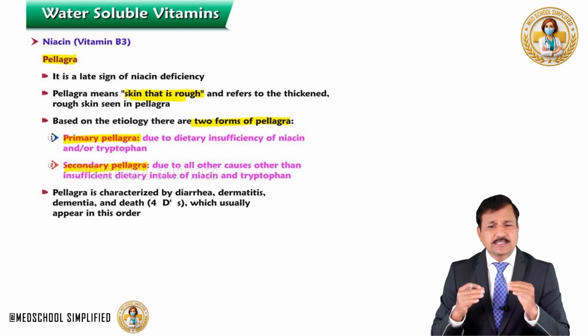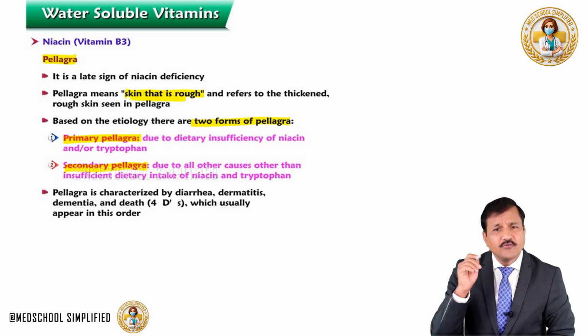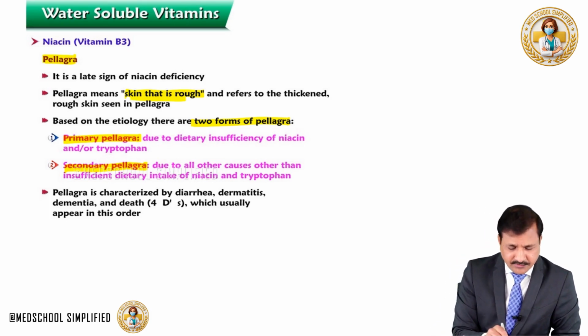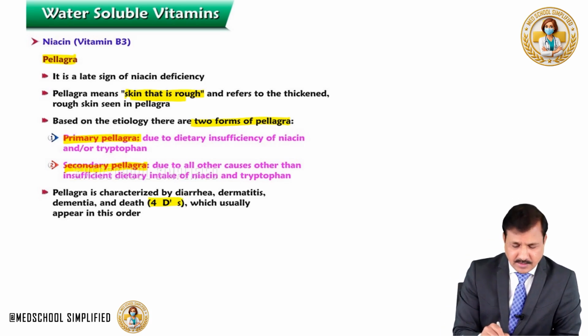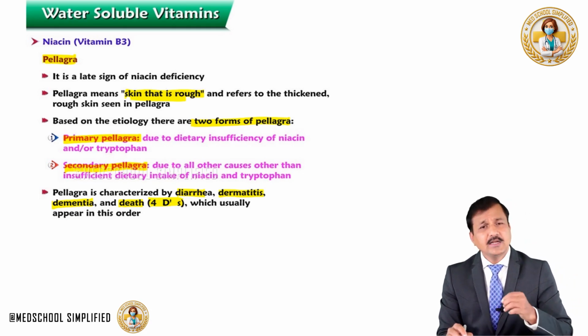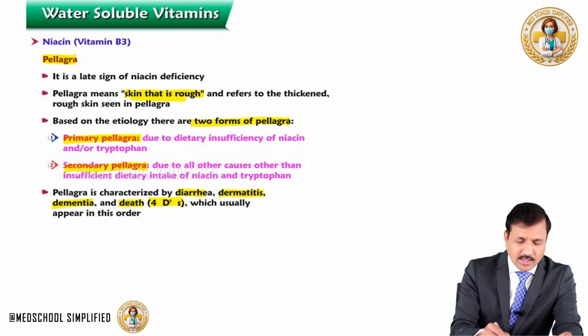Pellagra is characterized by 4 Ds. We will have to remember these 4 Ds, the most important ones. One is diarrhea. The second D is dermatitis. The third D is dementia. And the fourth D is death. And they all appear in this order. Make sure you remember that. The first thing that appears is diarrhea.